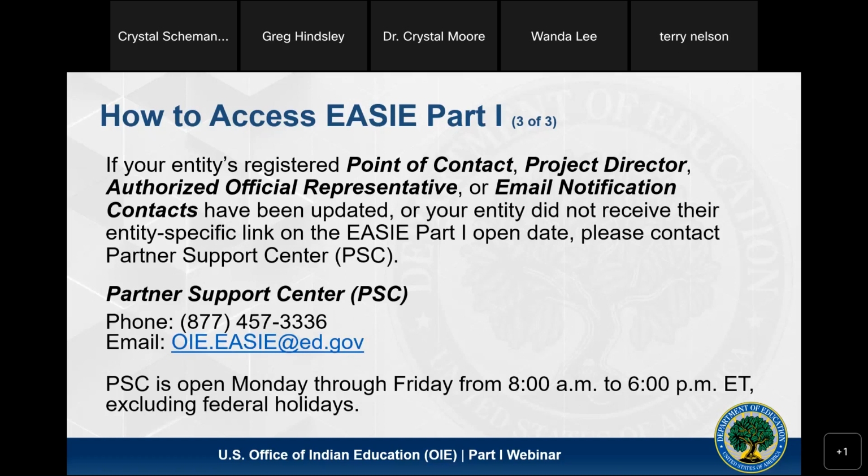The Partner Support Center's phone number is 877-457-3336. Their email address is oie.ed.gov. PSC is open Monday through Friday from 8 a.m. to 6 p.m. Eastern Time, excluding federal holidays.